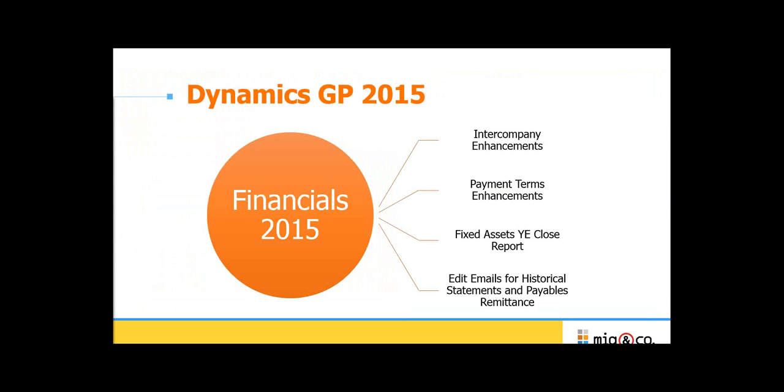I'll talk about the differences here in just a minute, or the changes in the new version. We also have the payment term enhancements, the fixed asset year-end close report, and the editing of email. So let's take a look at each one of these. I'm pretty excited to talk to you about the intercompany enhancements on the next screen.